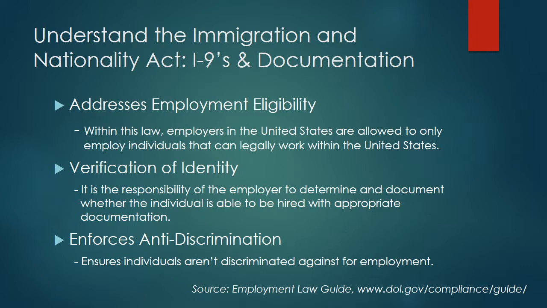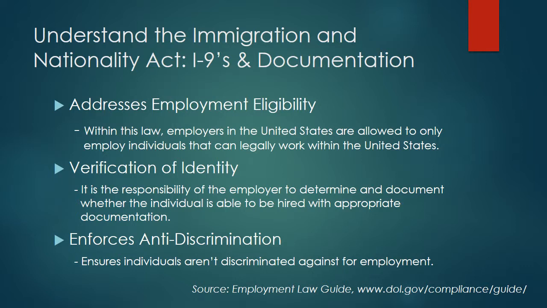The first issue, addressing employment eligibility, involves where employers in the United States are allowed to only employ individuals that can legally work within the United States. Undocumented or unauthorized workers are not allowed to be legally employed. Part of this process is verifying the identity of all employees working for the company.